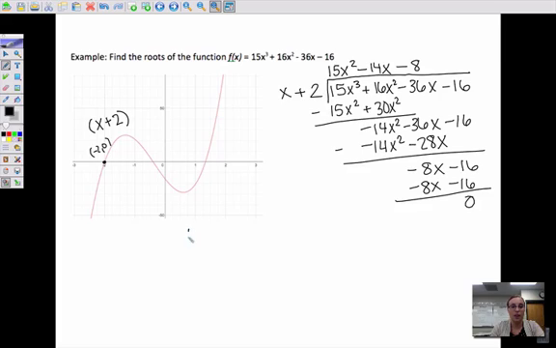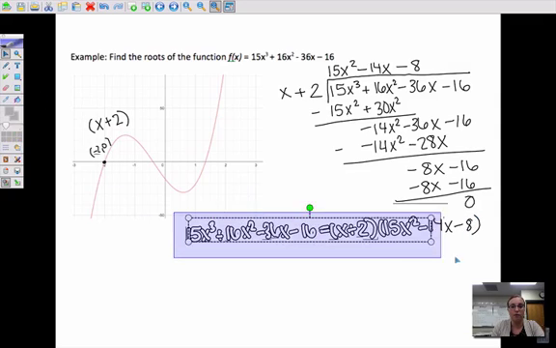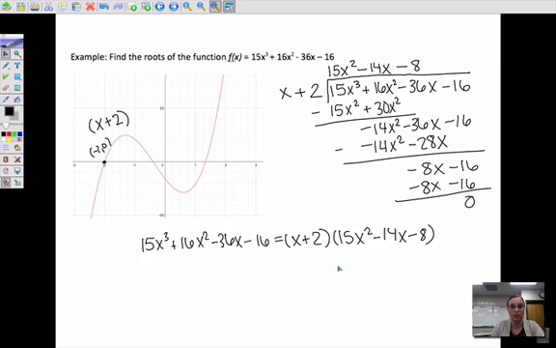So what I can say is my original function is equal to x plus 2 times 15x squared minus 14x minus 8. So I've basically factored one term out and gotten here what's left over by dividing.